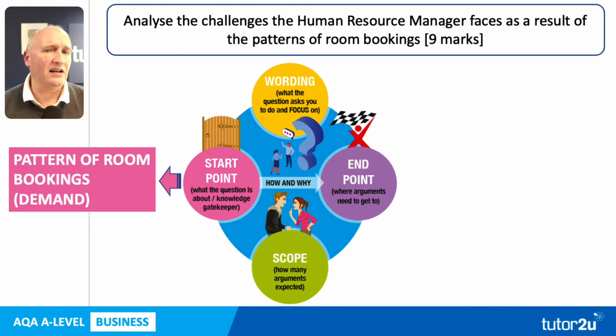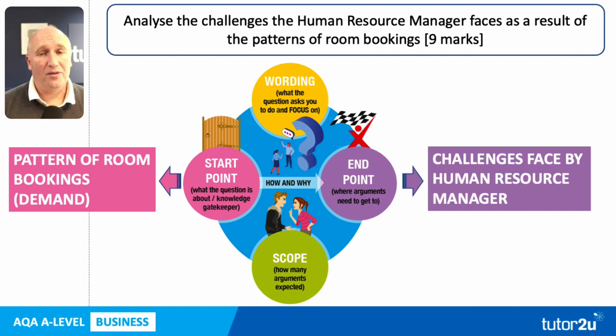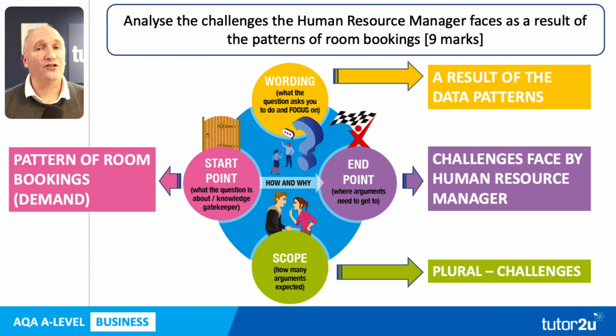The question is: analyze the challenges the HR manager faces as a result of the patterns of room bookings. So our argument or arguments need to start with the data, the pattern of room bookings, and they need to get to the endpoint, how this creates a challenge for the HR manager of the business of Drake Hotels.